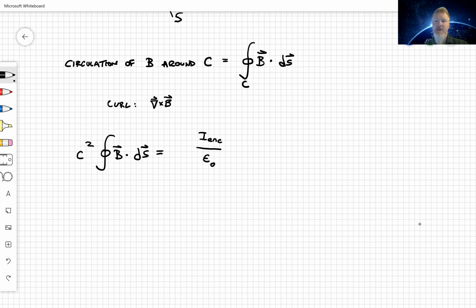Okay, so that's going to be the static version of Ampere's law. Or I said static, I keep, no, it's the steady current version. Let's get rid of this.